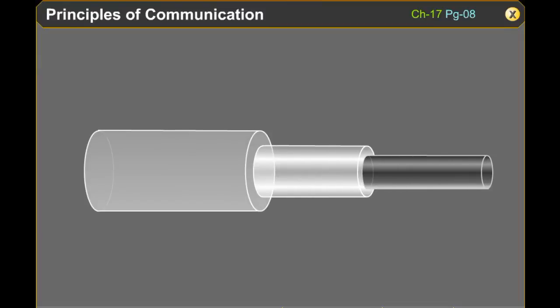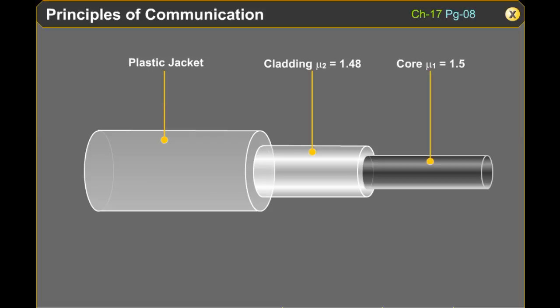The central core is the innermost part of the optical fiber. It is made up of thin and fine quality transparent glass, polymer or dielectric. Cladding is the layer made of glass or plastic which surrounds the central core of the optical fiber.